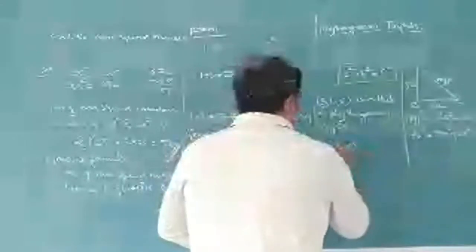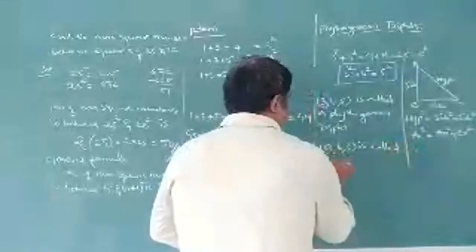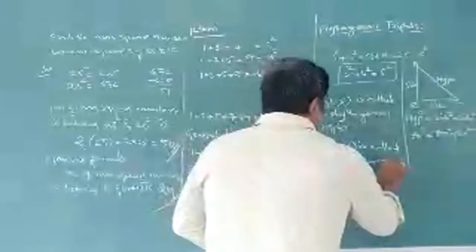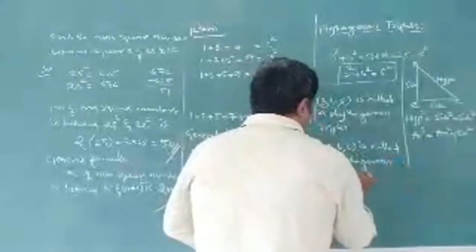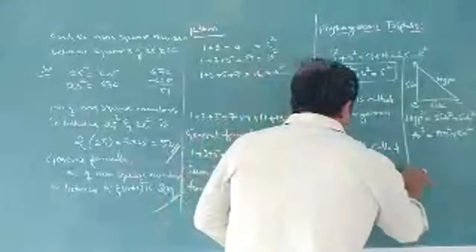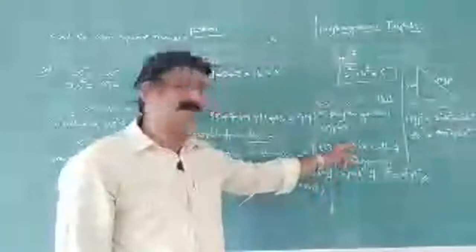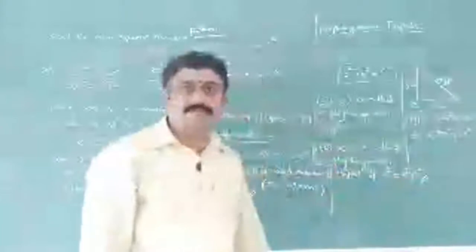We can say A, B, C is called a Pythagorean triplet if C square is equal to A square plus B square. That means the square of the last number must be the sum of the squares of the other two. So C square is equal to A square plus B square.